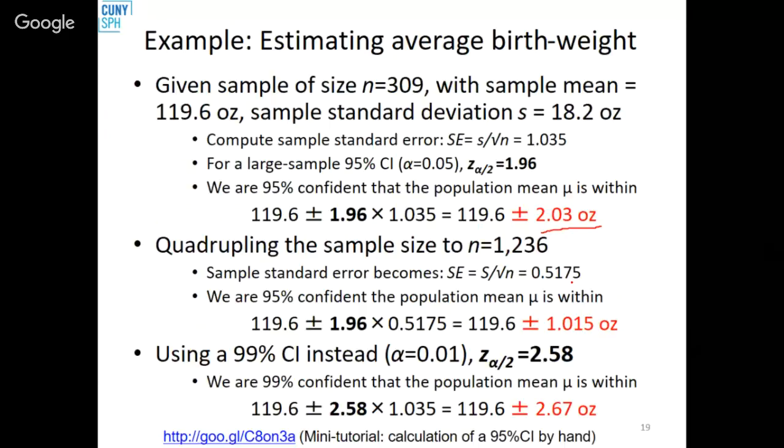Quadrupling the sample size will halve the margin of error, or increasing our level of confidence will require us to increase the margin of error a little bit.